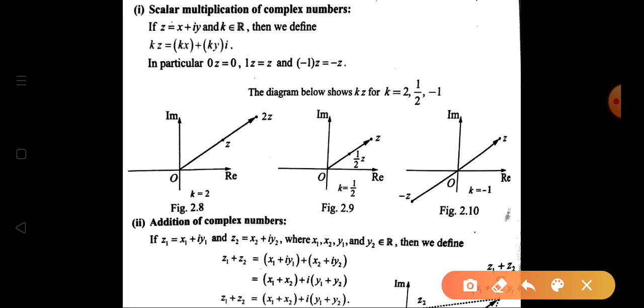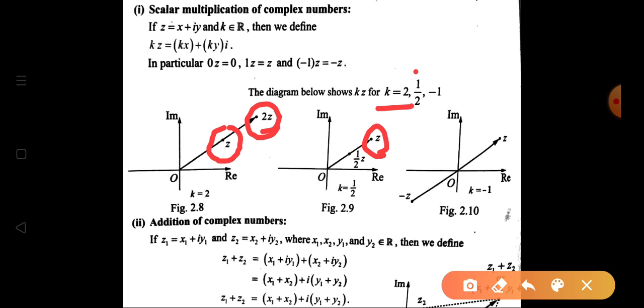First we denote z. z is x plus iy, that is here. And we multiply z by 2. So 2z is here. We multiply z by 2, 2z is here.